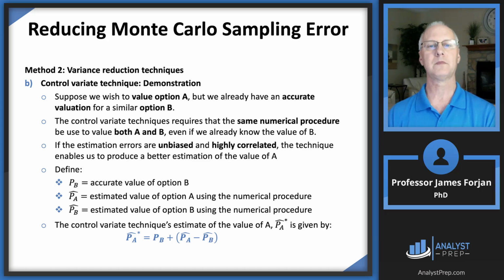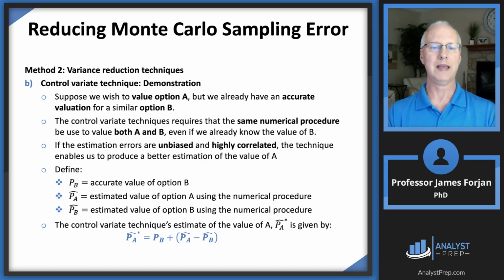Let's suppose that we want to value option A, but we already have an accurate valuation for a similar option B. So what we're going to do is use the same numerical procedure to value both A and B, even though we already know the value of B. If the estimation errors are unbiased and highly correlated, then that technique enables us to produce a better estimate of the value of A. So look at what I have here in the bottom.